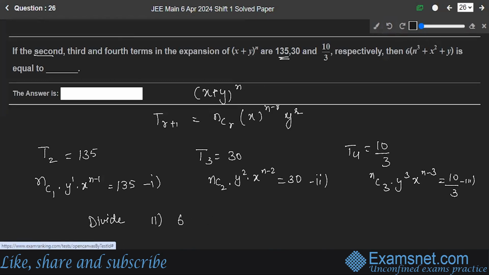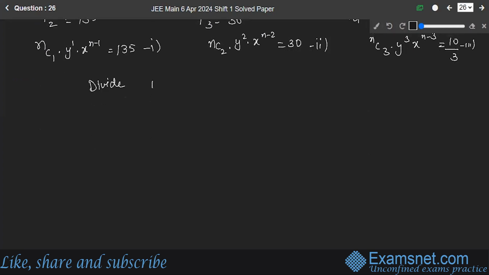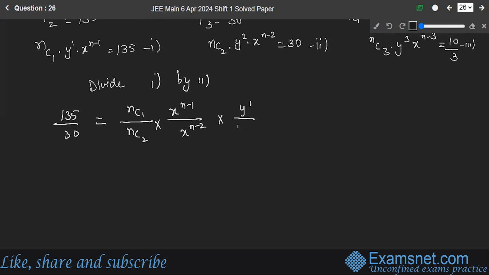Dividing 1 by 2, you will have 135 upon 30 is equal to nC1 upon nC2 multiplied by x^(n-1) upon x^(n-2) into y^1 upon y^2.